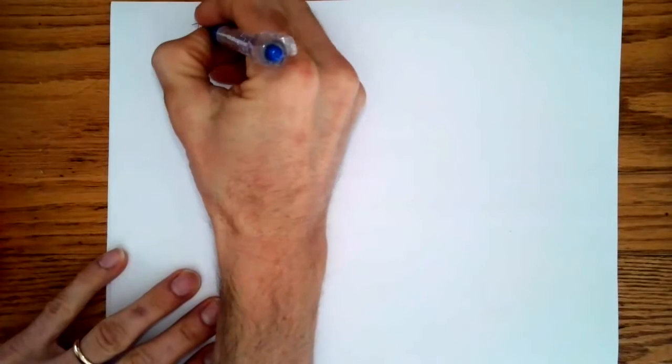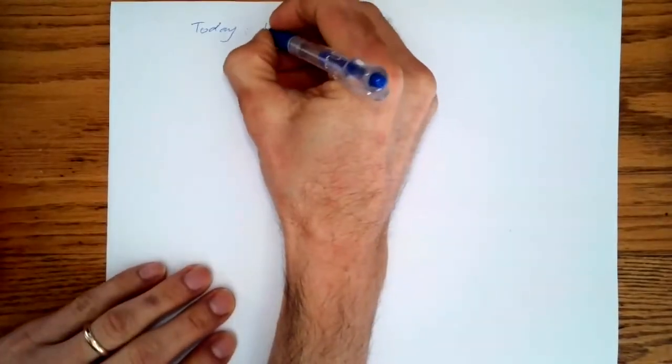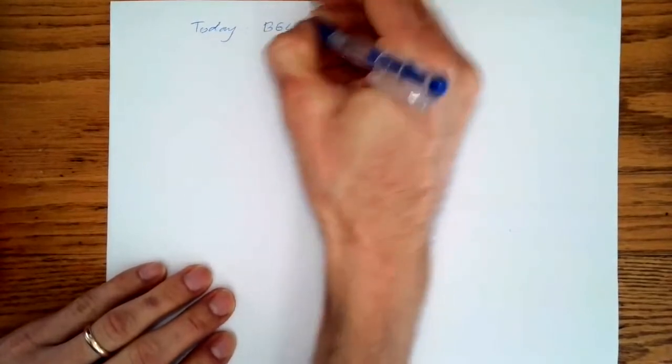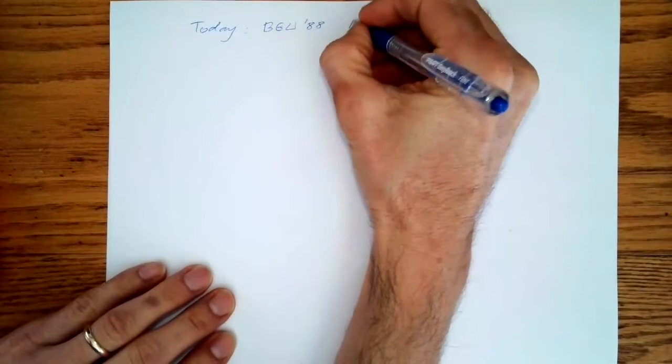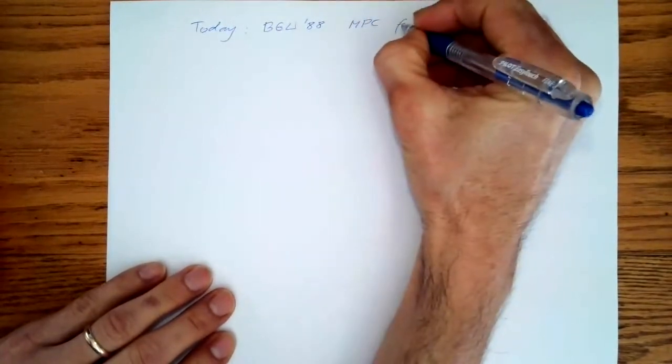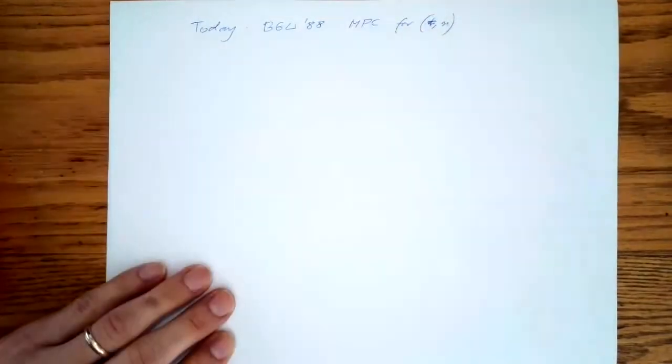So today we'll show the BGW, I think it's 88, multi-party computation. And the difference is that this is for a general threshold setting.